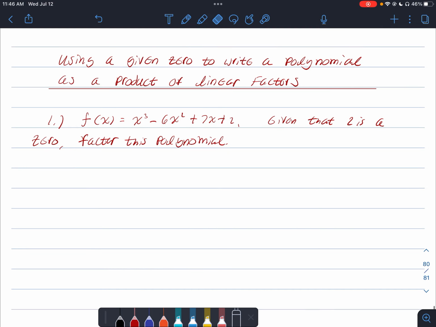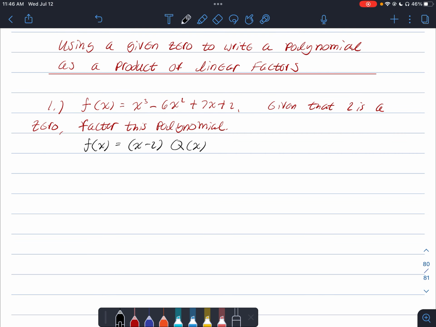Okay, so if we're given that 2 is a 0, that means that we can write f of x as x minus 2 times some other polynomial q of x.